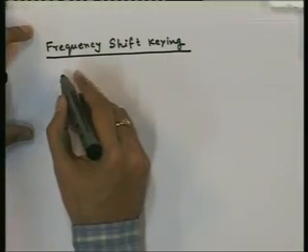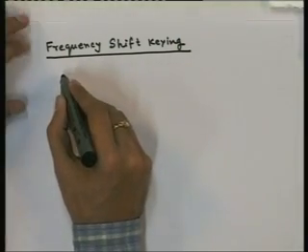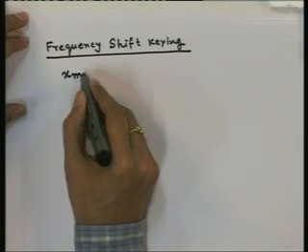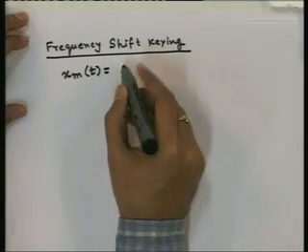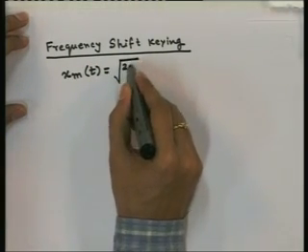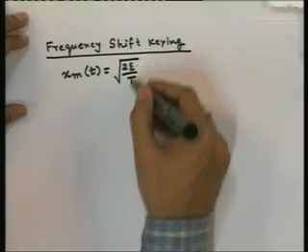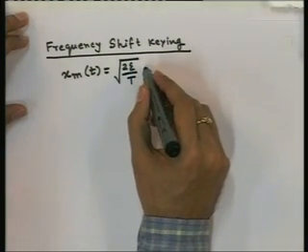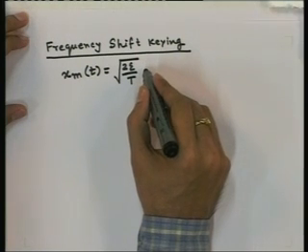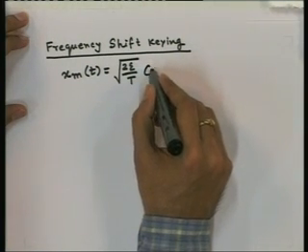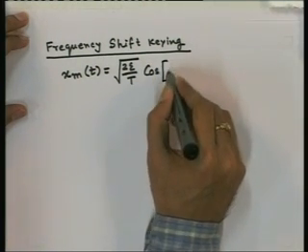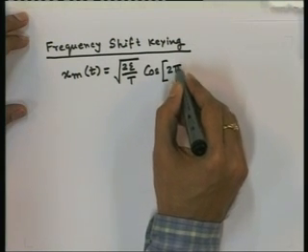In frequency shift keying, the signals that are transmitted are of this form. A same sinusoid with same amplitude and same phase, but of different frequency are transmitted.